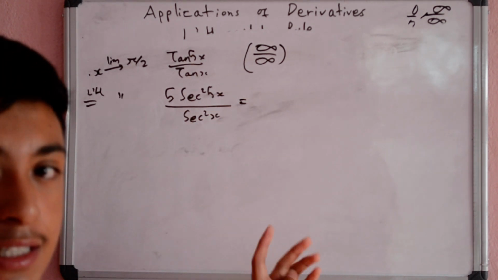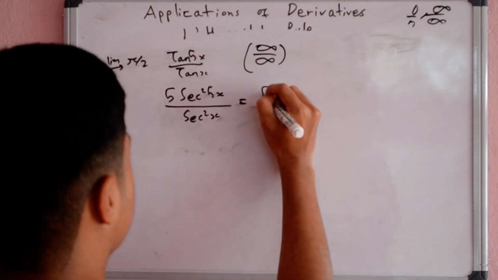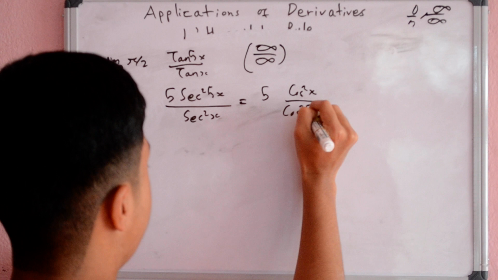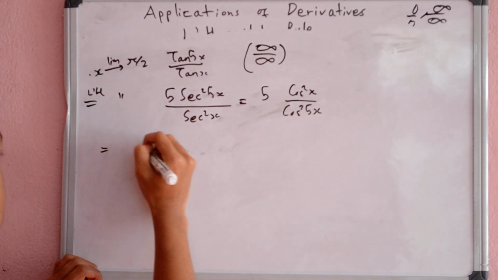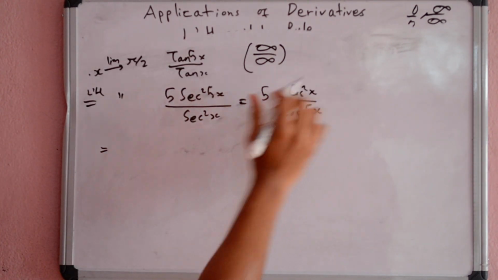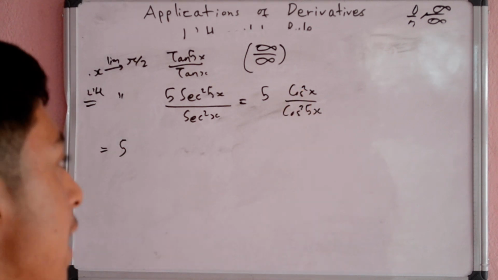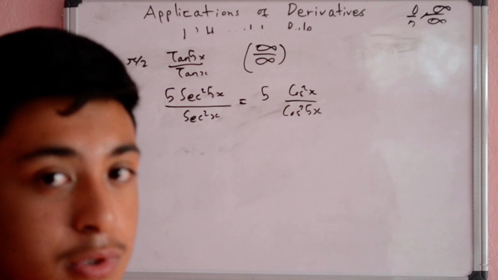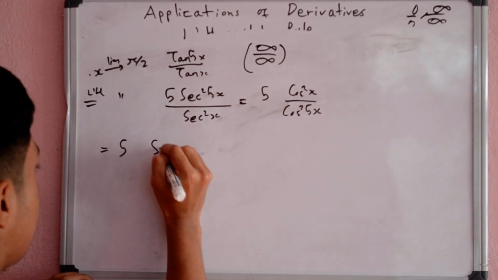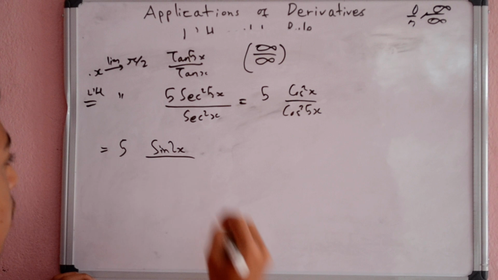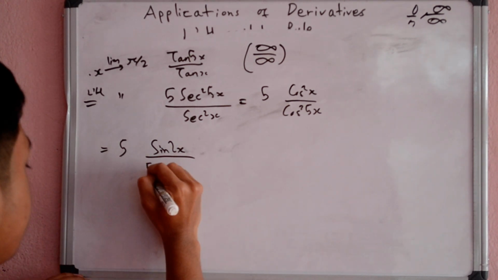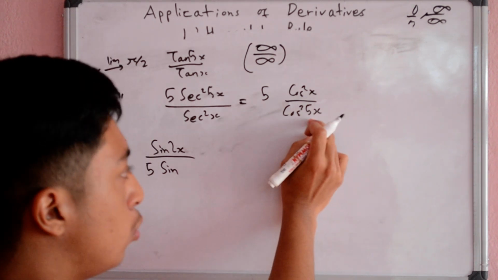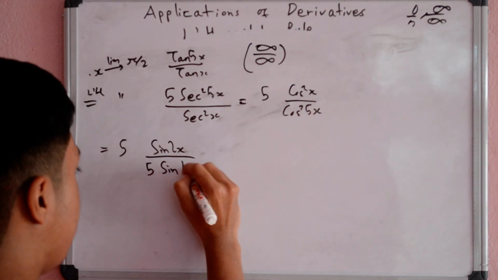Now let's rewrite it in terms of cos. So it becomes 5 cos square x by cos square 5x. Now here the derivative of this part is 5 cos square x, which is 2 cos x into sin x, which is sin 2x, and on the bottom it gives us 5 into sin 2 theta, 2 into this angle, which is 10x.